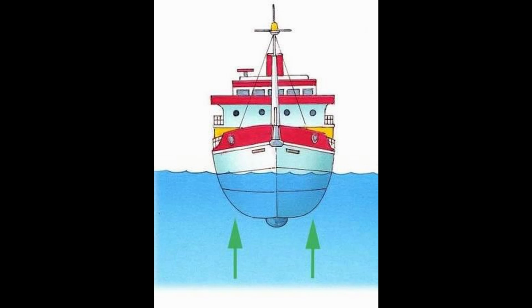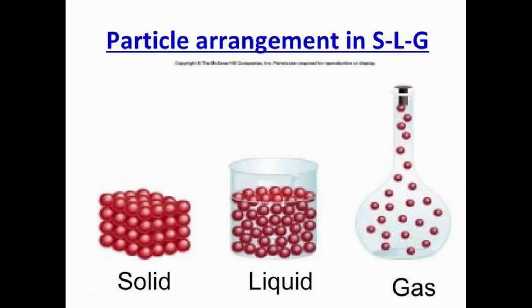Okay, now the next and the last topic of this chapter is the comparison of densities in the 3 states of matter. That means the comparison of densities in solids, liquids and gases.